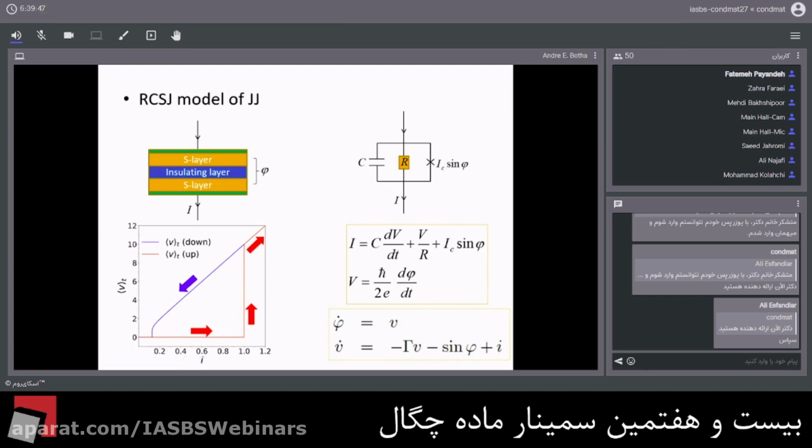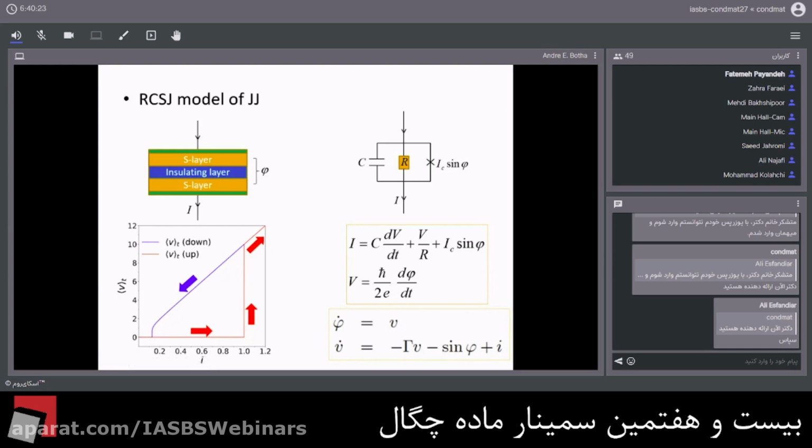And for higher currents, if you go further up than the critical current, it behaves like an ordinary ohmic device. In other words, V is proportional to I. Coming down again, however, the junction will remain in the resistive state even when you drop below the critical current, until you eventually get to a stage where the phasors stop rotating and the junction then falls back into the superconducting state.